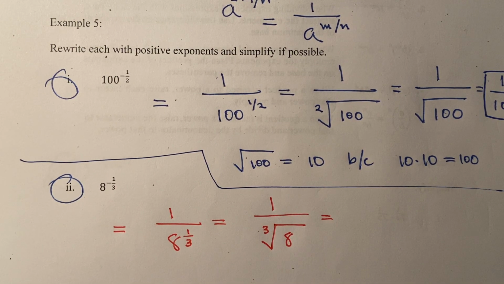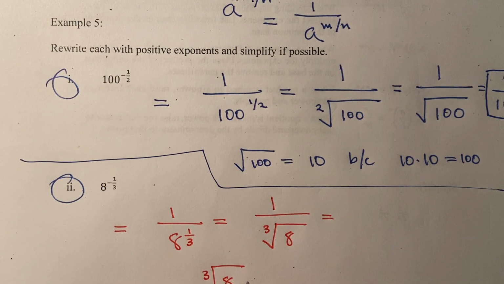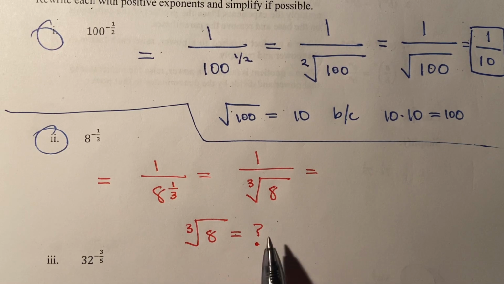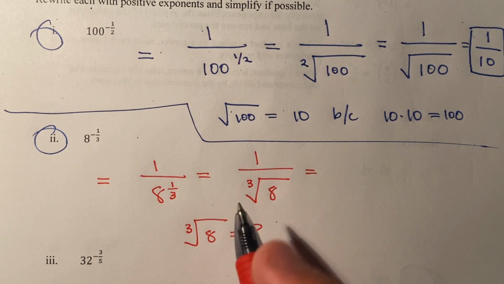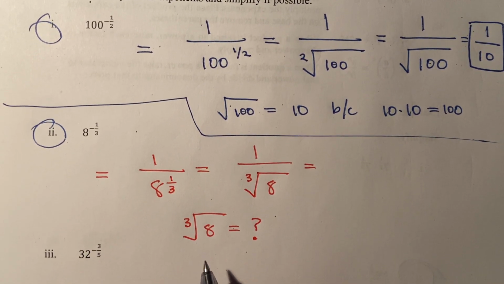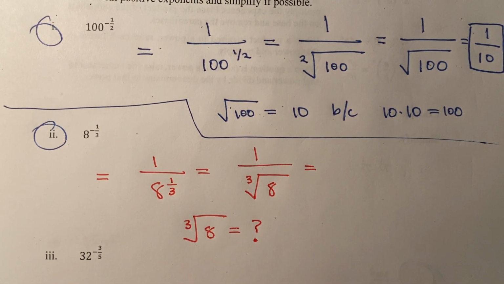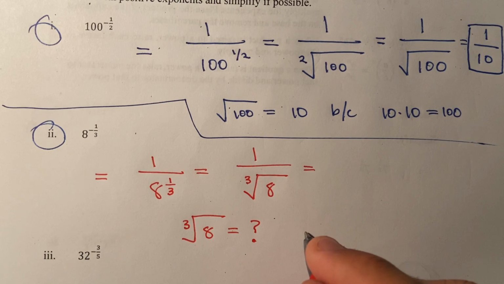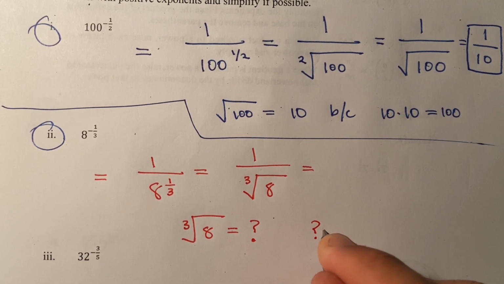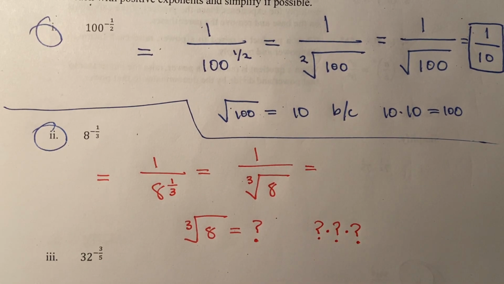The cube root of 8 means we're looking for a number, so let me write this down if you're having trouble with that. So just imagine we're unsure of what this is. The definition of any root, in this case we have a cube root of 8, so what we're trying to do for that is we're looking for a number times itself 3 times, right?